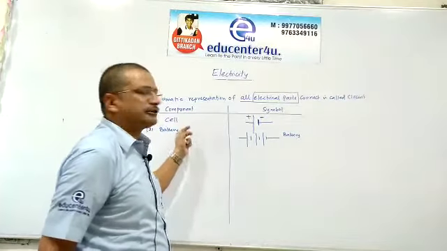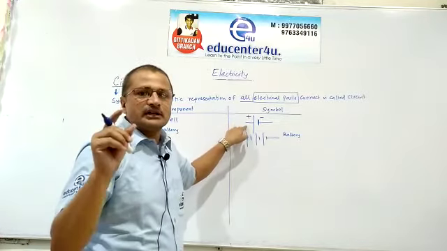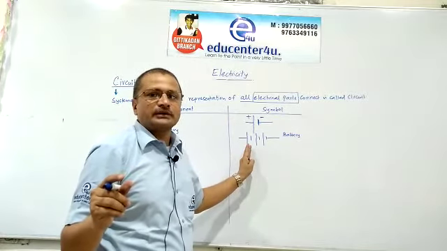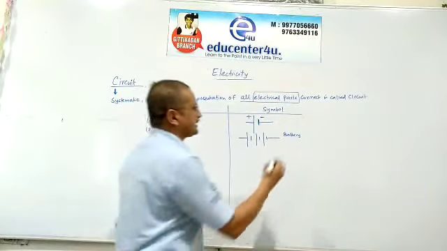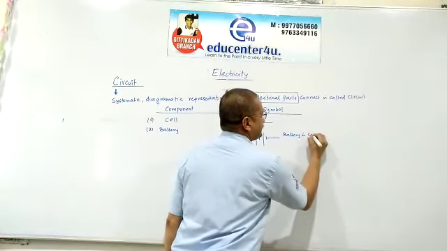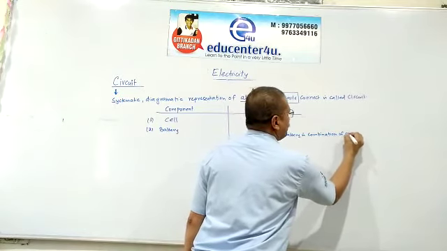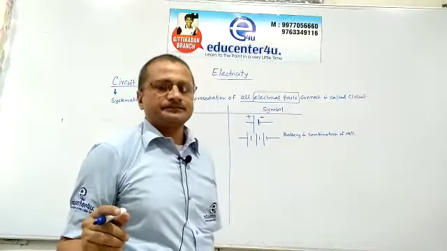There is a difference between the cell and the battery. The cell is only the one. When many cells are connected, combined together, then we call that a battery. So battery is a combination of cells.